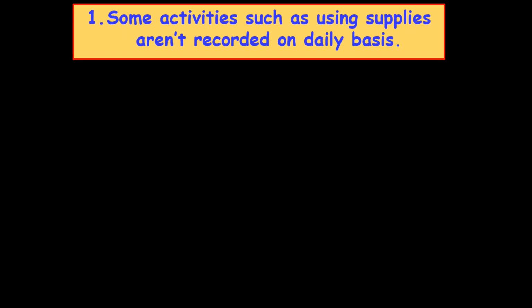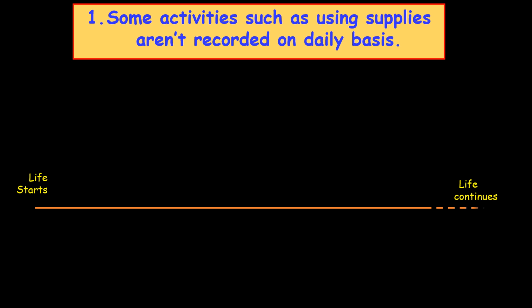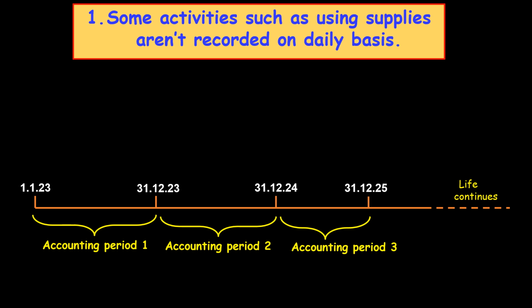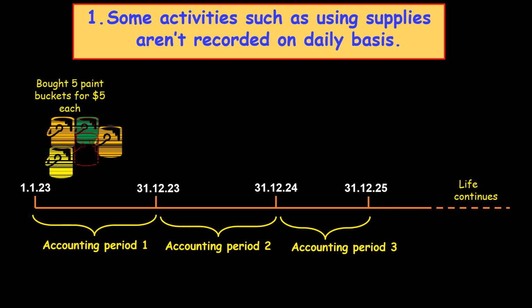So, some activities such as using supplies are not recorded on a daily basis. Now, this line represents the life of a business. The life of a business is divided into accounting periods. Generally, that accounting period is 1 year, and then that accounting period is further divided into each month. So you have accounting period 1, accounting period 2, and accounting period 3. Say this business purchased paint supplies, and those paint supplies are being used on a daily basis.